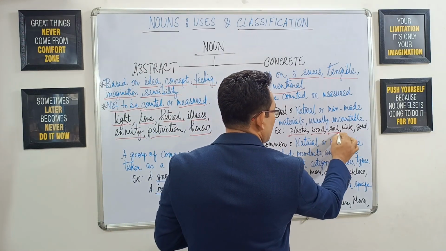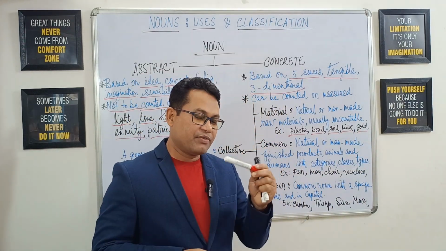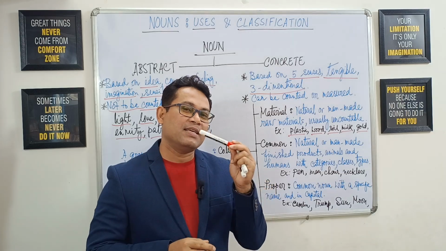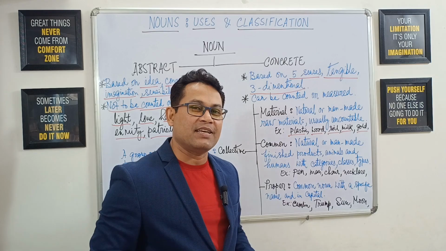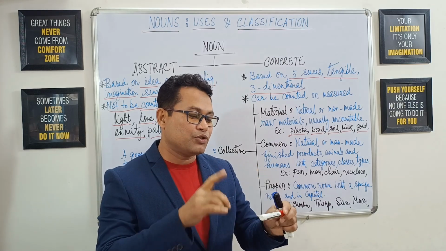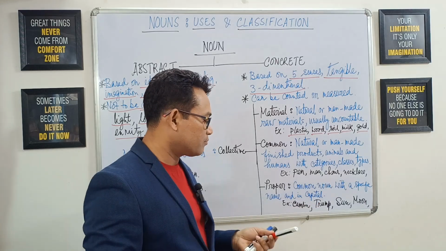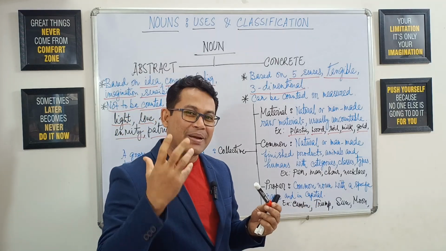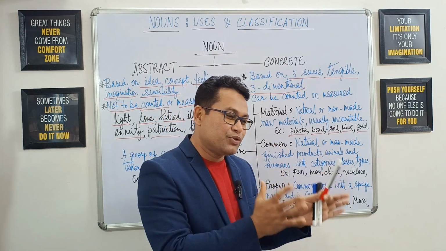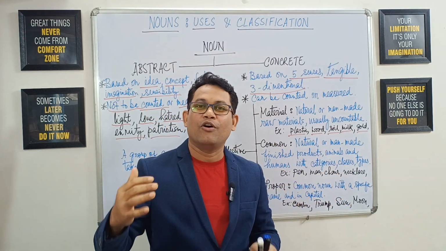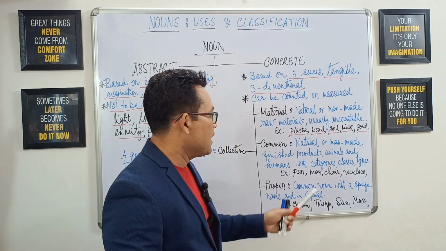Examples are plastic, wood, soil, milk, gold, etc. Here I have three pens. Take for example this pen, which is made of plastic. Plastic is a man-made raw material, and we use it to make so many different other things. So plastic is a material noun. Similarly, wood is natural, and we use wood to manufacture finished goods like chair, table, furniture.